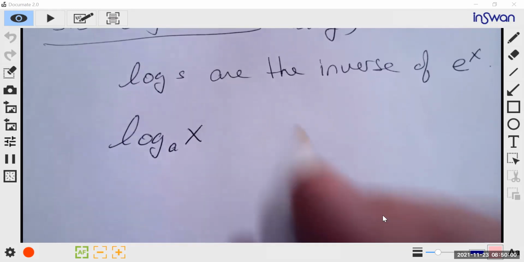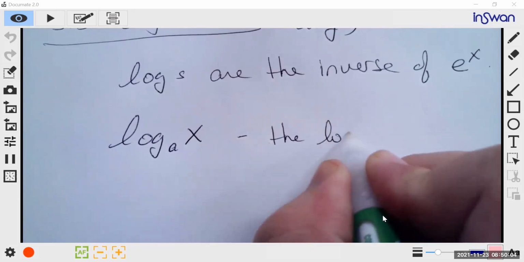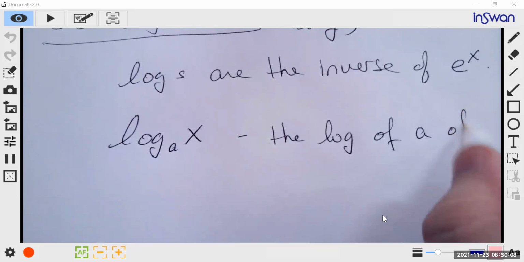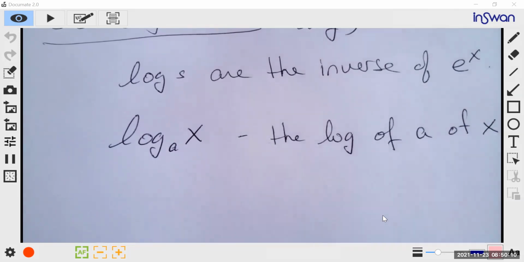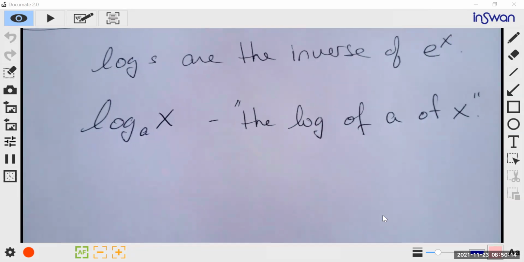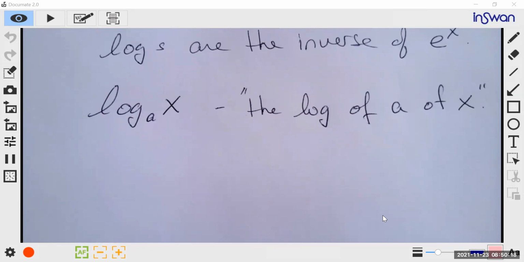This is read as the log base a of x. What it means is this.